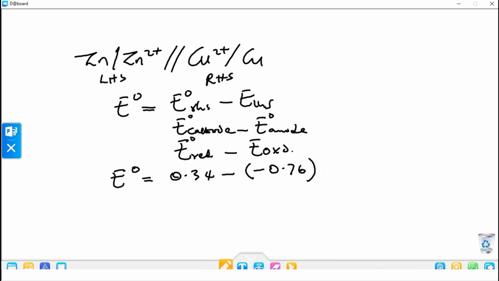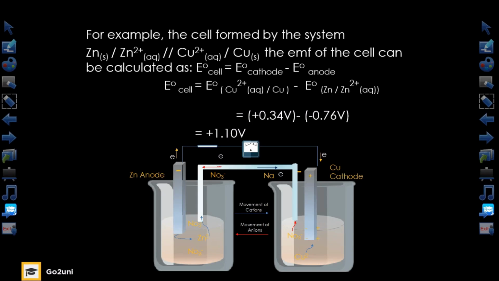By the time we carry that out, this is going to give us 0.34 plus 0.76, and summing that up, we have 1.10 volts. So that is how to calculate electrode potential value for any given electrode and its electrolyte system, that is to say half cell reactions. Okay, that's for the first example.